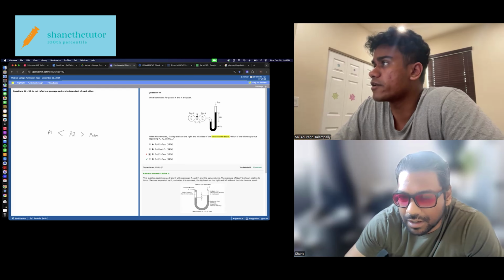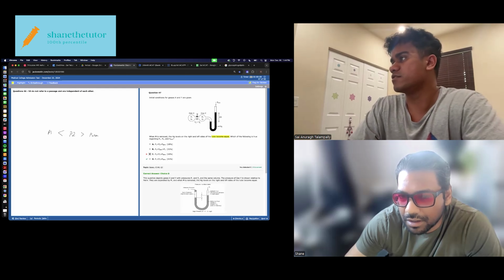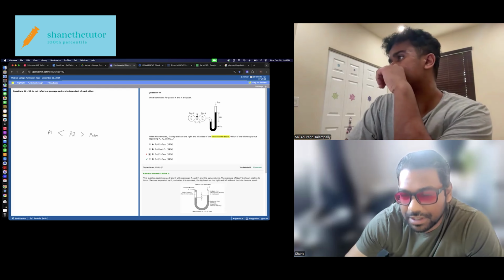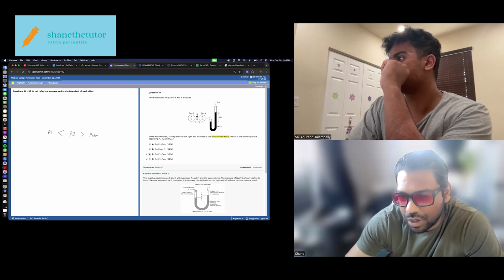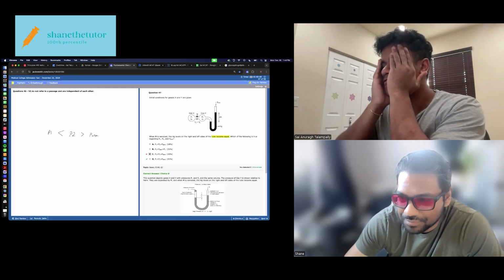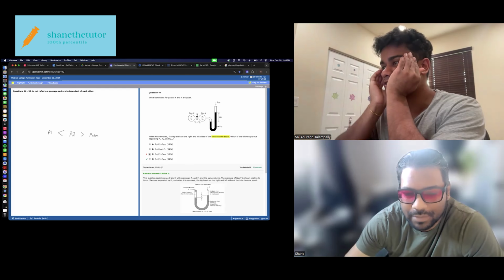And if it was higher, this would go even up. But the fact that it's lower, since they're saying that when you open this, the level goes down, means the overall pressure on the left goes down.